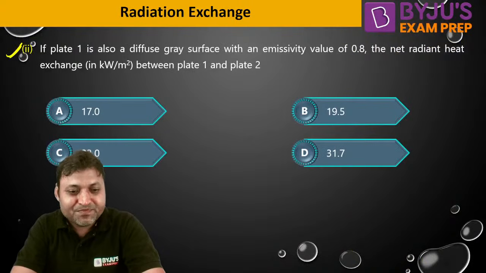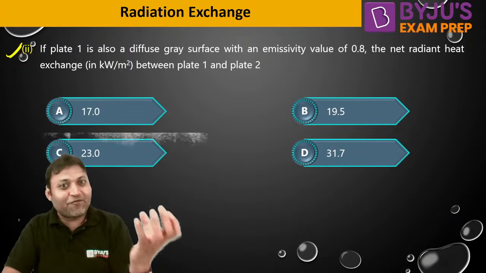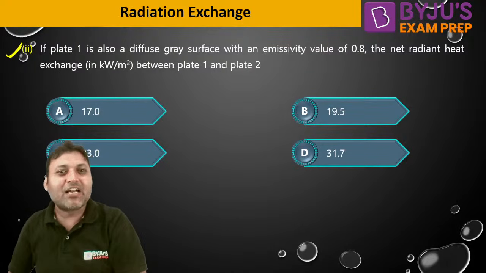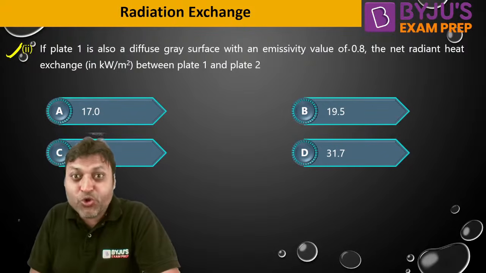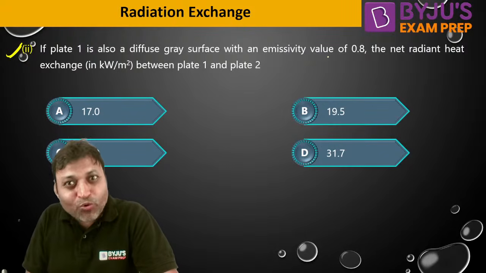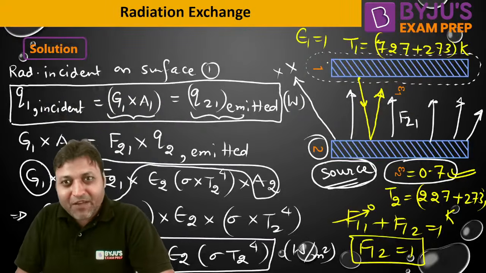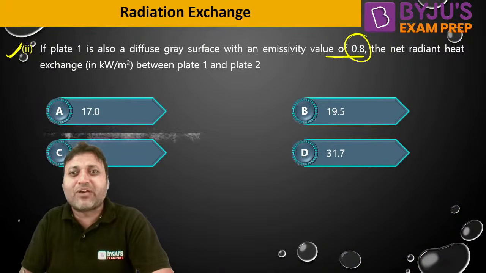Otherwise, if you start considering the radiation from 1 and reflected by 2 as part of the irradiation for surface 1, then it will create a huge problem to calculate the irradiation for surface 1 if surface 1 is also a non-black body.